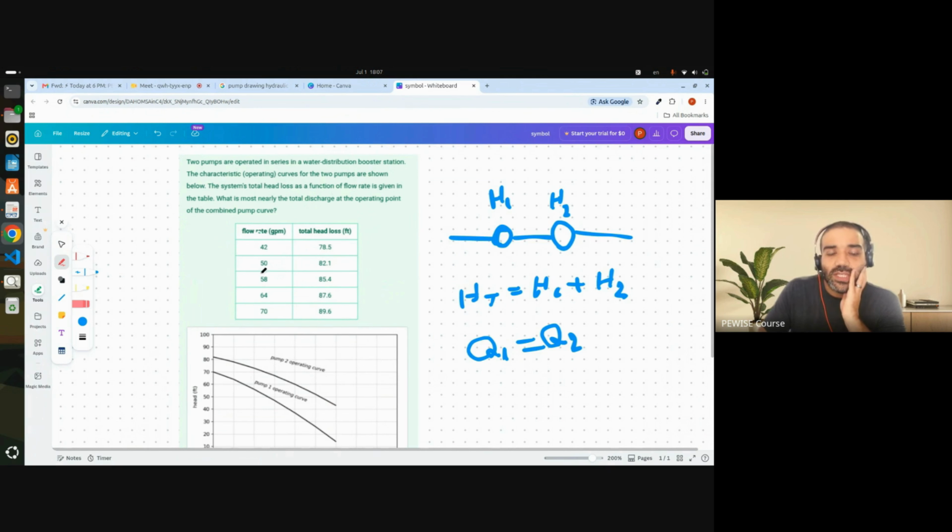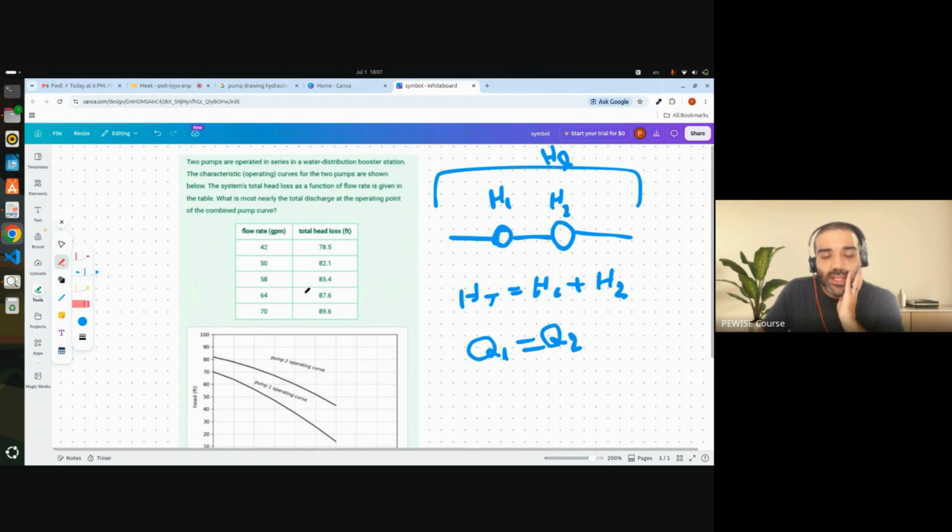So this chart gives us how much head loss we have in this whole system. Let's call it H sub L. And the discharge is when the amount of head added by these pumps is equal to this head loss.